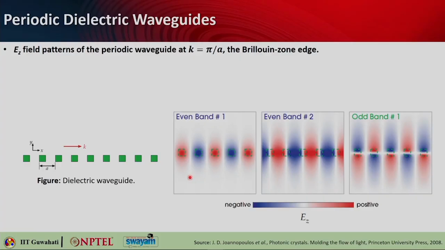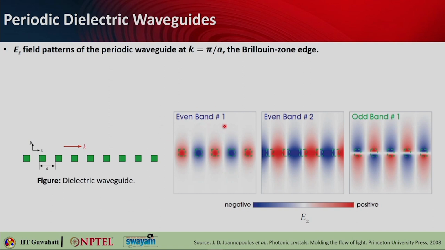and it also has the lowest frequency. Now let us look into the field patterns and understand what is even and odd. At k equals pi by a, that is the Brillouin zone edge, if you take the Ez electric field distribution and look along the y equals 0 plane, you will see the top and bottom parts are equal.